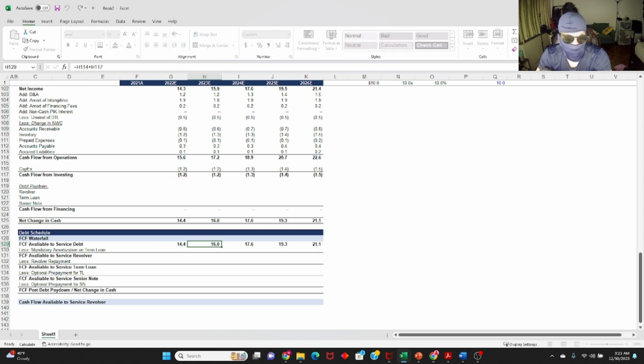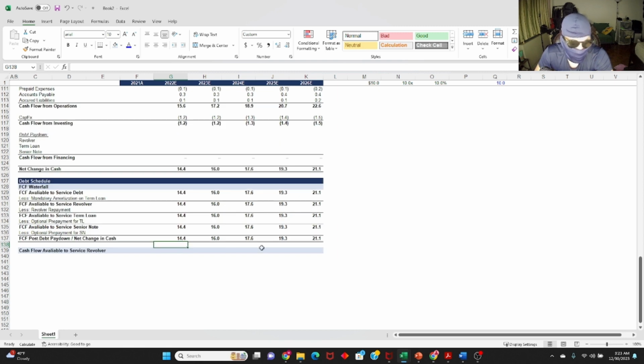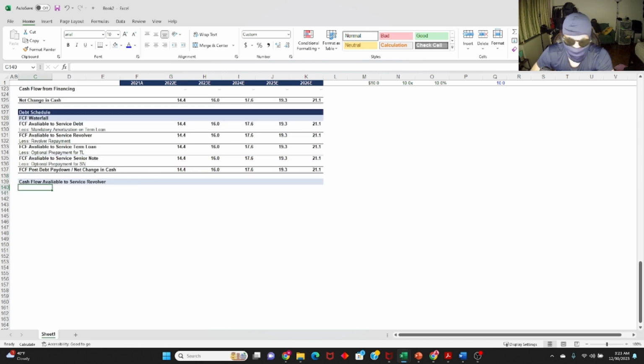Since it's negative, you're going to add it up. So right now you have this much cash available. And then every tranche is going to be a sum. Sum, and then sum. Put that border back there. And then we're going to fill everything step by step as we go. So first off, you have your cash flow available to service your revolver. You're going to link it up here.